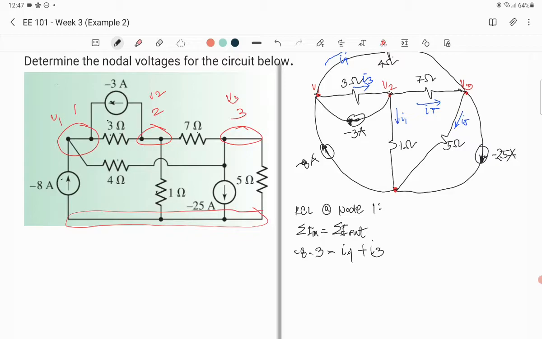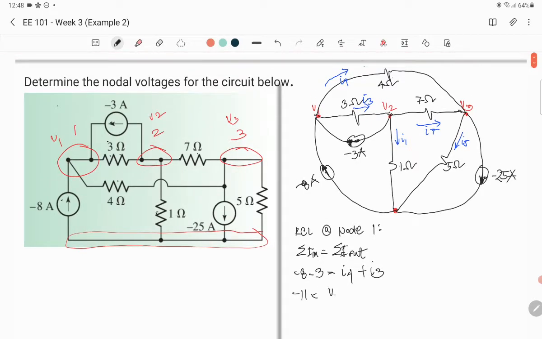Now let's express it into voltage form using Ohm's law. This will be negative 8 minus 3. Let's combine that: negative 11. Then your I4 is just equal to V1 minus V3 over 4 ohms, plus your I3 here is just equal to V1 minus V2 over 3.